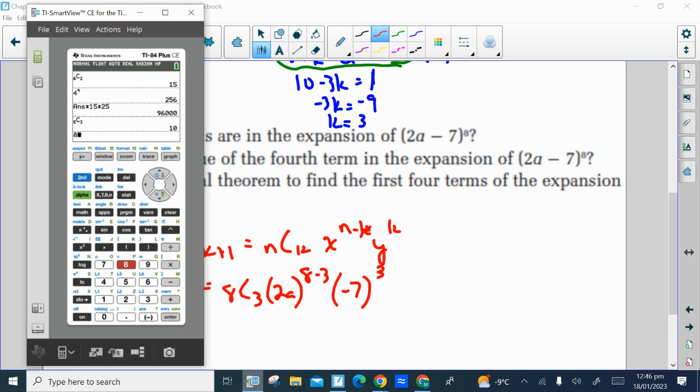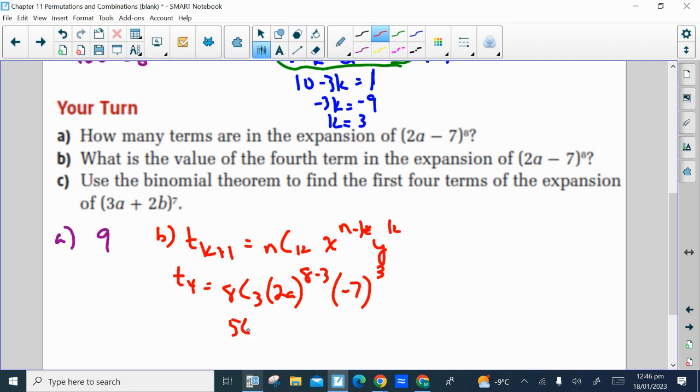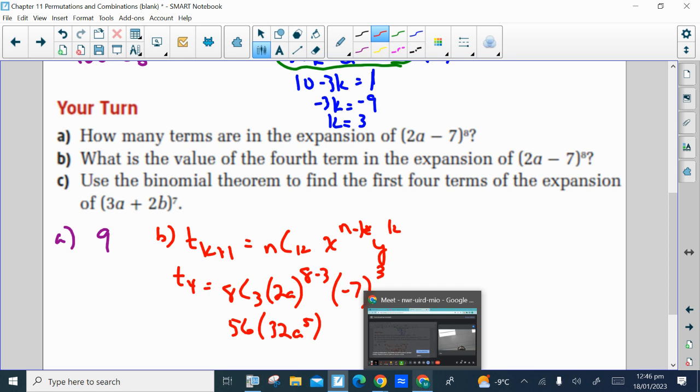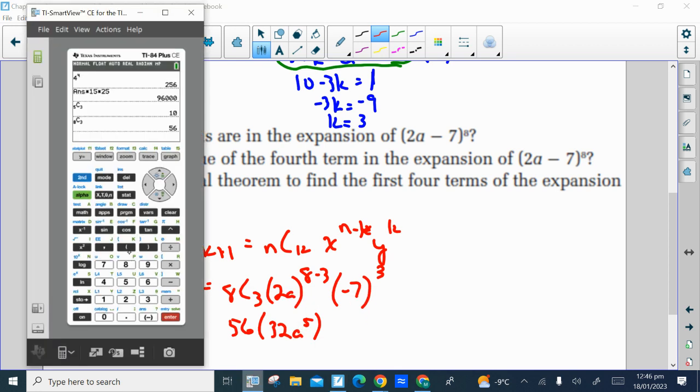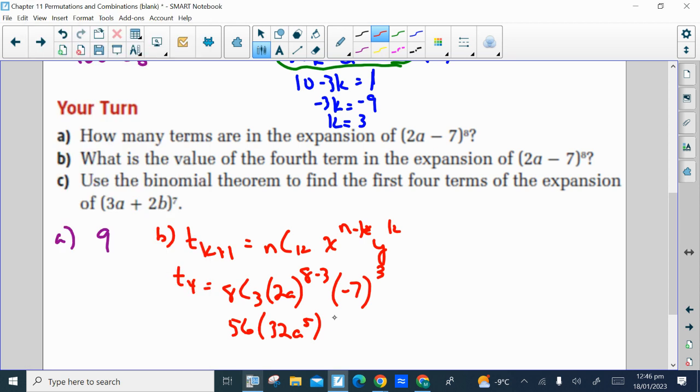So 8c3, 56, times you're going to have 2a all to the fifth. 2 to the fifth is 32. And negative 7 all cubed will be negative 343.